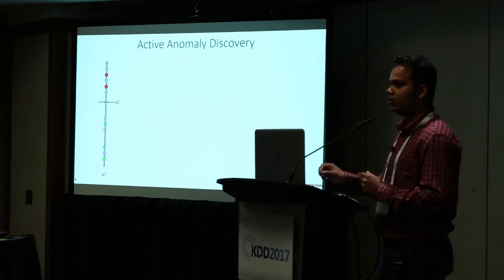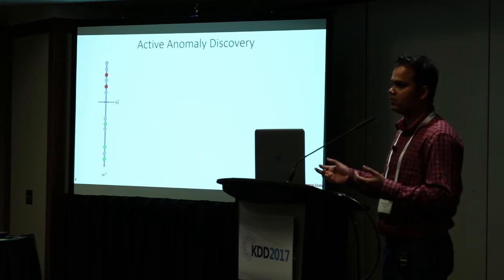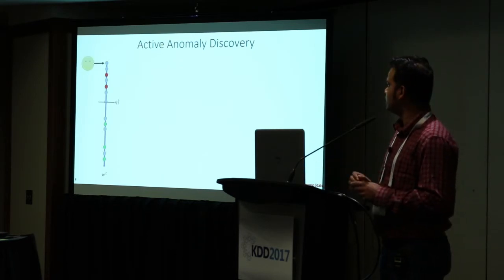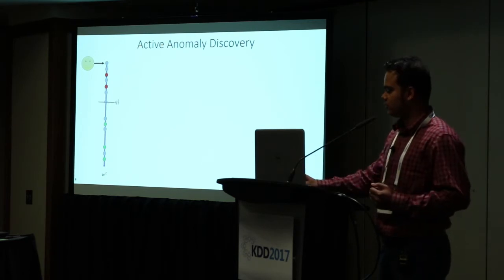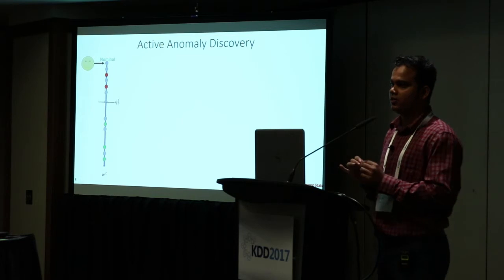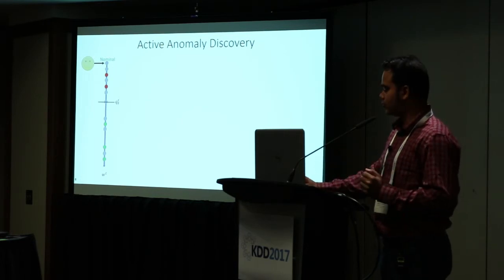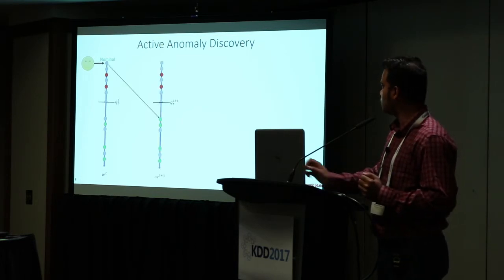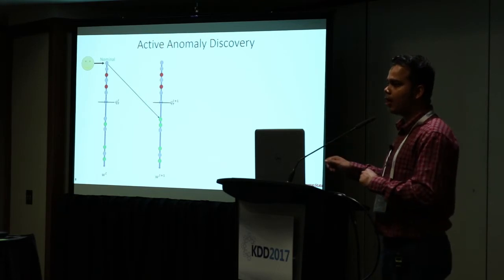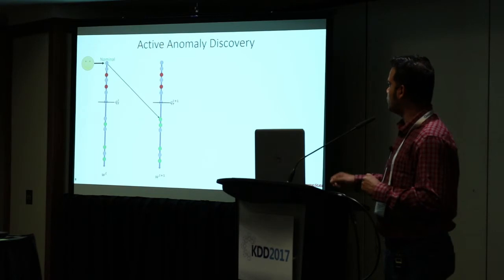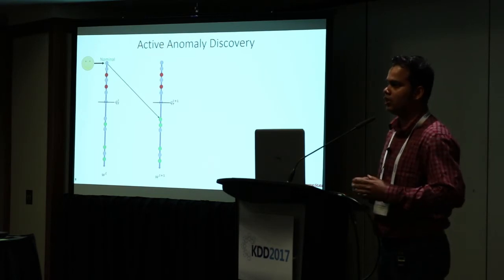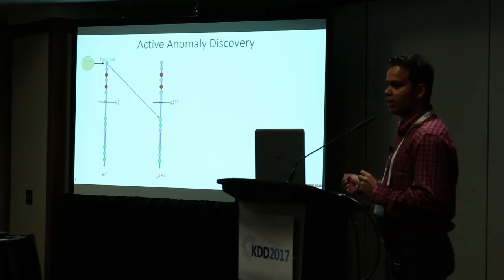The analyst will always look at the top instance that hasn't received feedback. So the analyst will look at the top here, and he will examine the instance. Suppose he finds that this instance is actually a normal point. Now this algorithm will try to put this top instance below the threshold. To do that, the algorithm will learn a new weight. It will infer a new weight wt plus 1.